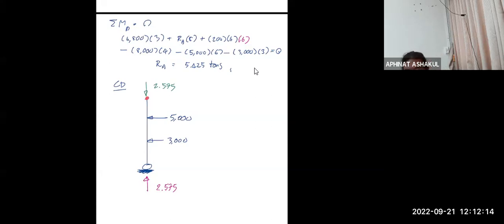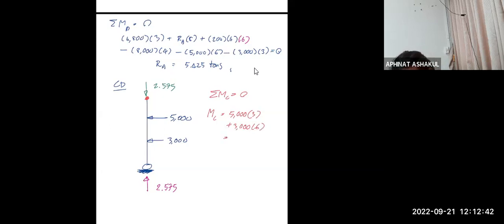Now, if you take moment at C, you will know that MC is no longer 0, okay? And MC is now going to be equal to 5,000 multiplied by 3 plus 3,000 multiplied by 6.